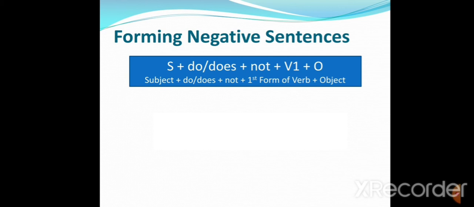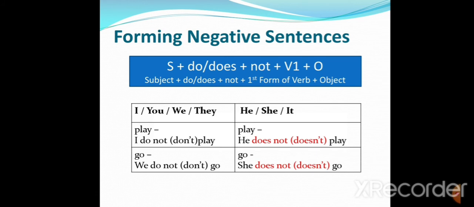Like we learned before, if the subject is I, you, we or they, then we will use do plus not. Do is a helping verb. In simple present tense, we all know that there are two kinds of verbs.